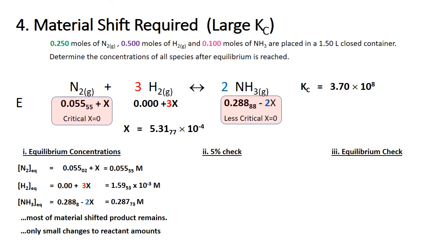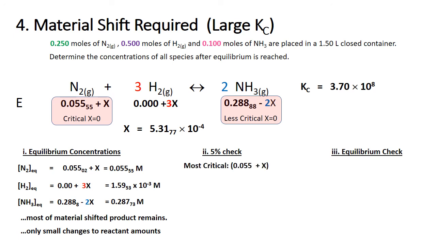So I name the 0.055 box as being critical, because if that one passes the 5% check, then for sure the 0.288 and 2x will pass the 5% check. But again, if you don't feel comfortable looking ahead and making such judgments on your own, please check both of them to make sure both satisfy the 5% rule check.